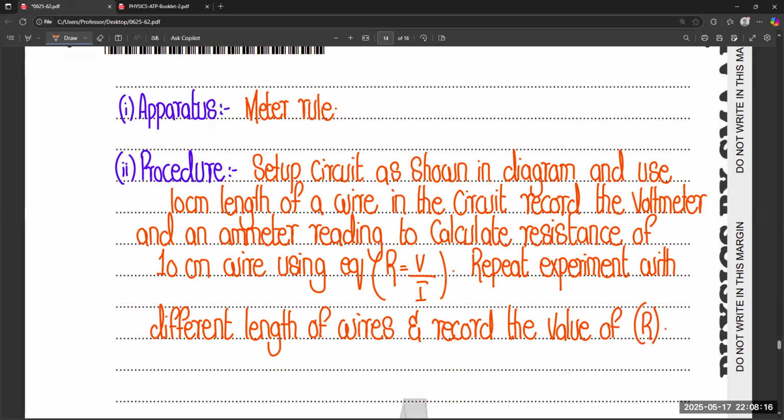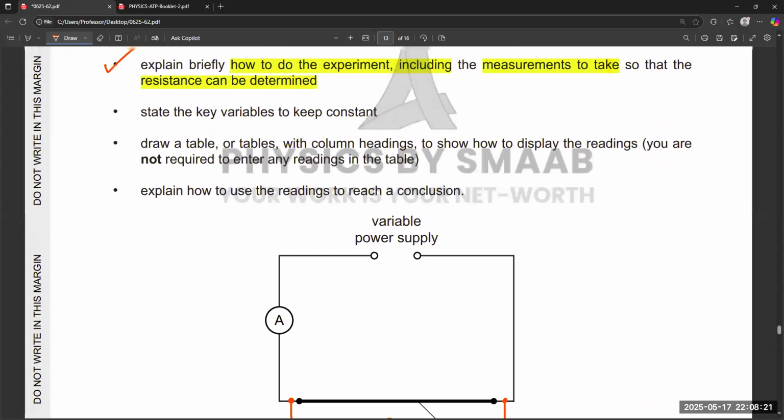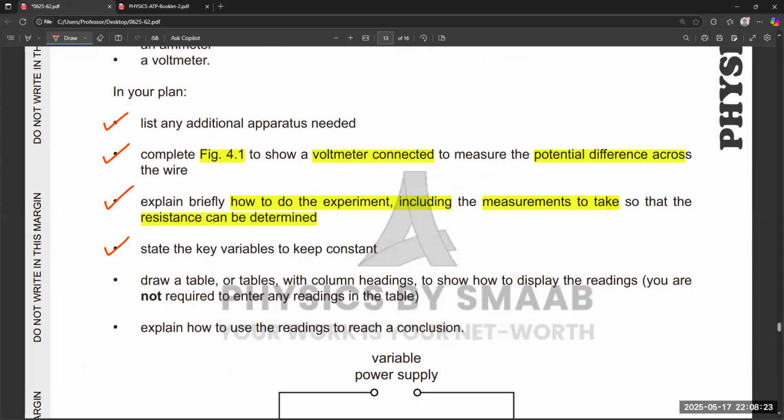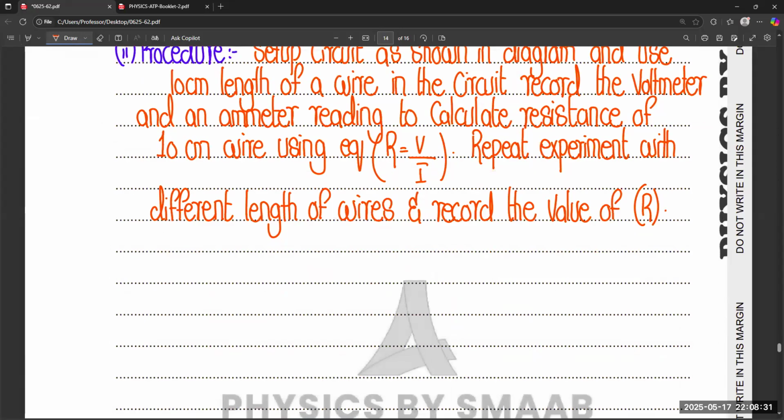So this is the simple procedure. Then we have to mention the key variables, like which quantity needs to be independent, dependent, and constant. So definitely the length of the wire is independent because we are changing the length by ourselves.